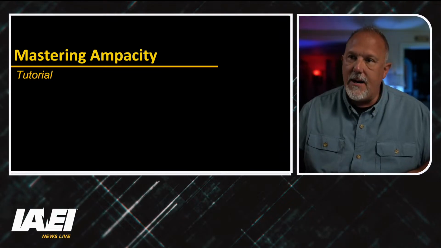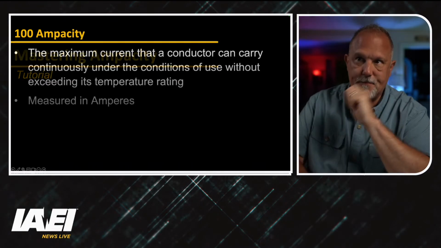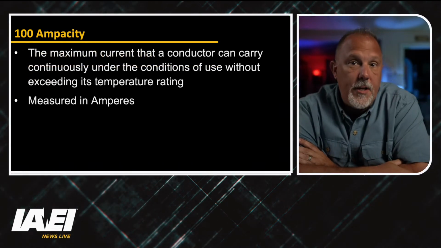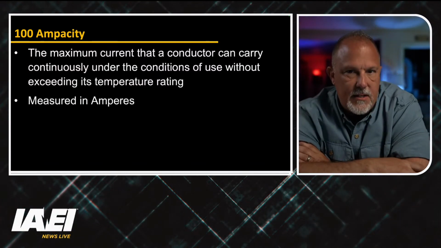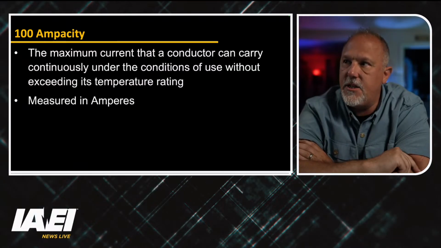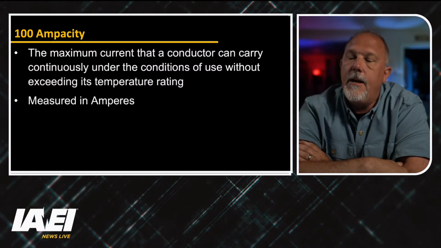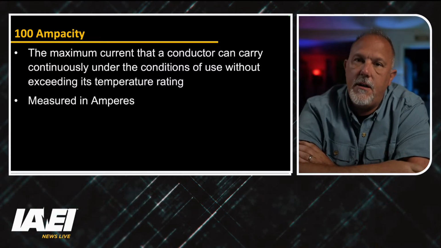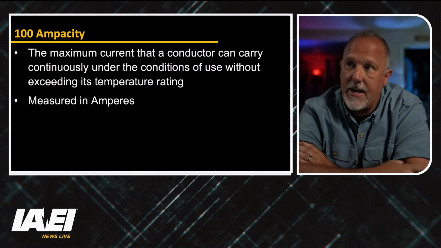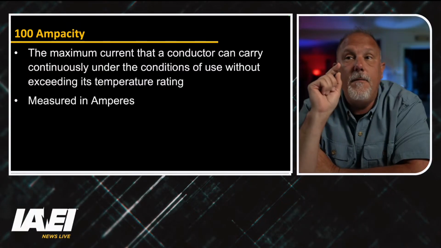So let's talk about ampacity. Now, what we know from Article 100 is ampacity is a defined term, and it's based upon conditions of use. Basically, the definition tells us that it's the maximum current that a conductor can carry.